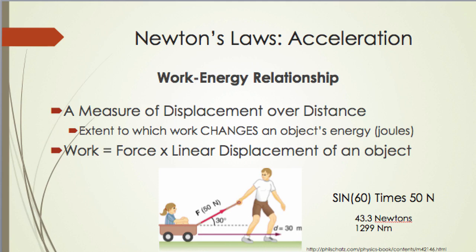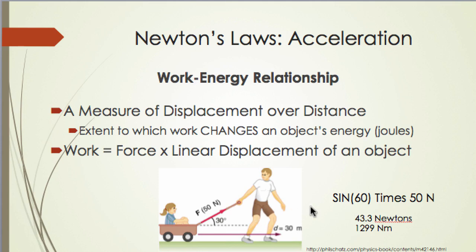We're going to use a sine of 60 here to represent a percentage of the force that is actually required to pull the sled. A sine of 60 is 0.866. That's the percentage.